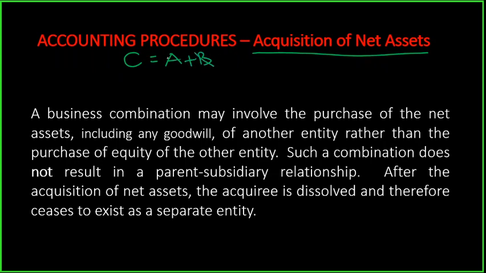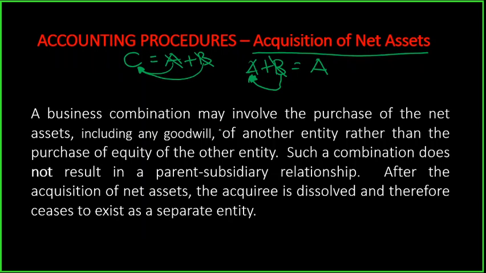Where A and B will be dissolved and all their assets and liabilities will be transferred to this new company. Ayan. Or merger, no? When A plus B equals A, let's assume A as the acquirer, B will be dissolved, and all the assets and liabilities will be acquired by A. So what will be our necessary journal entries?